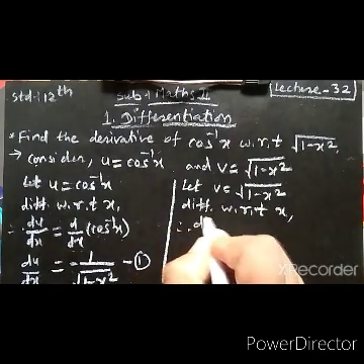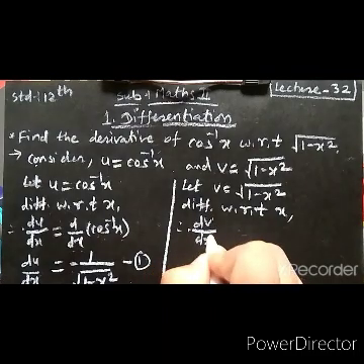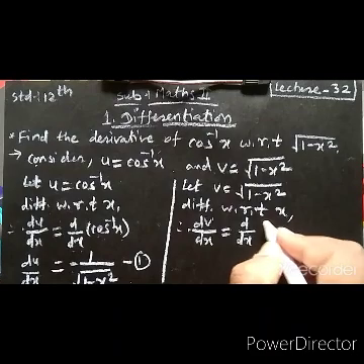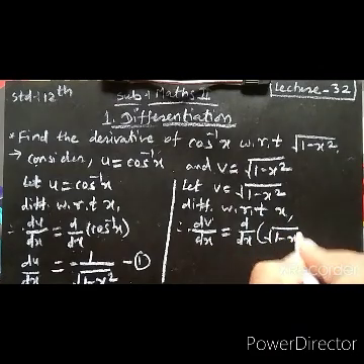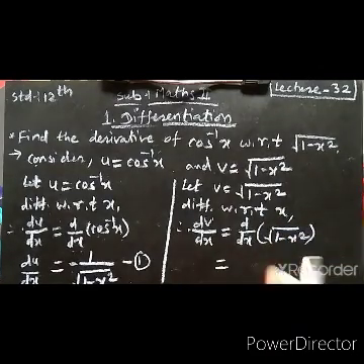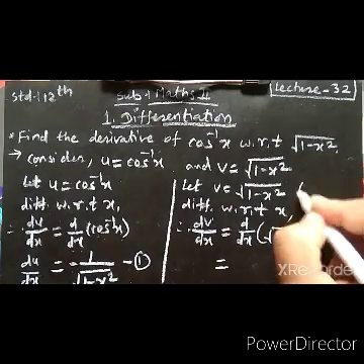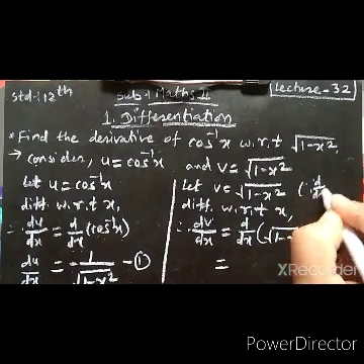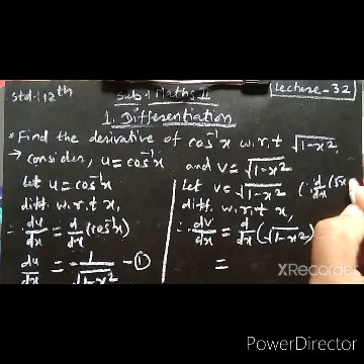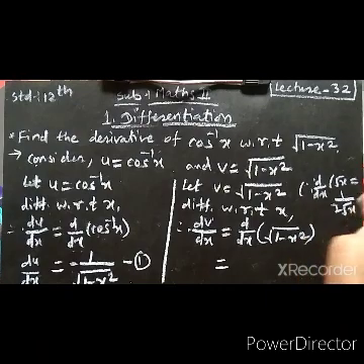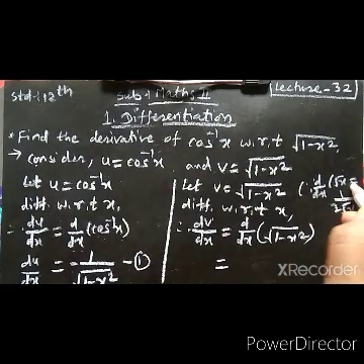Therefore dv by dx is equal to d by dx of root 1 minus x square. But we know that the derivative of root x is 1 upon 2 root x, and again the derivative of x with respect to x is 1. So 1 into 1 upon 2 root x, that is 1 upon 2 root x.